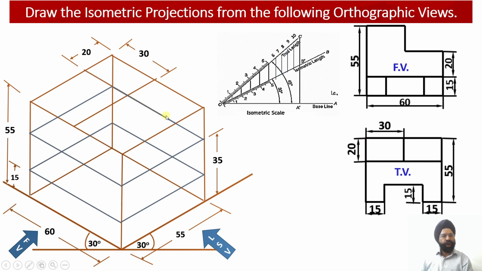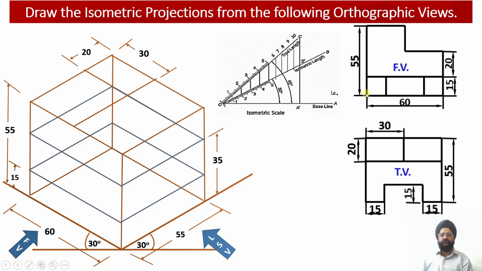So once we draw this particular projection line, we have been able to identify this top surface of this vertical web onto the isometric projection construction over here. Now having drawn this particular top portion, now I need to move down. So I know that the total height of the solid happens to be 55 millimeter.